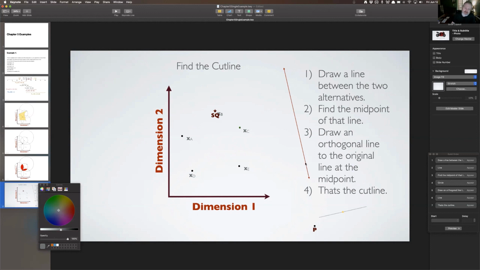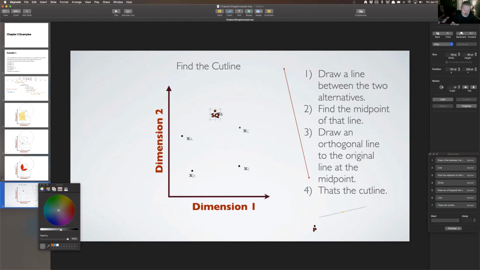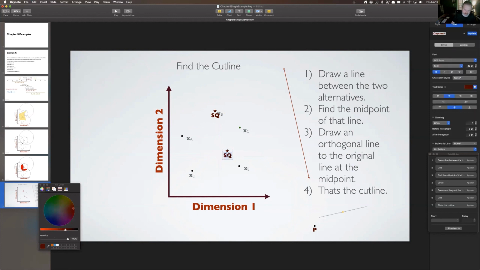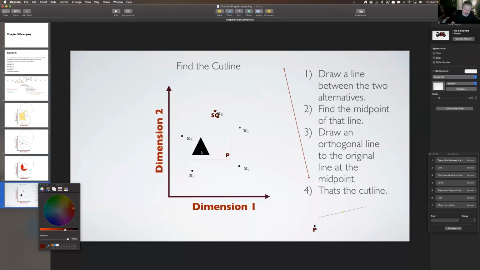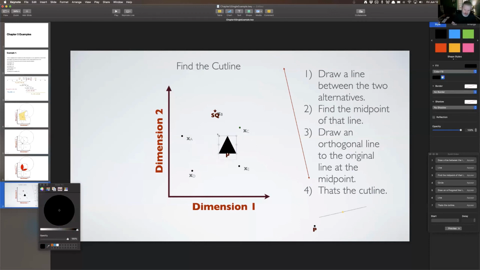The cut point method tells you how to determine between two things what will pass. So let's say this is the proposal right here.